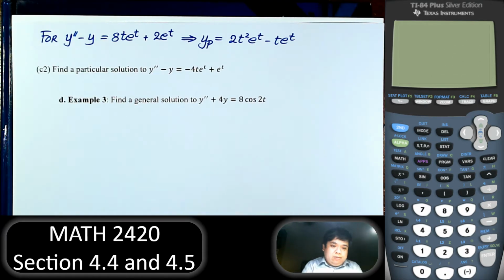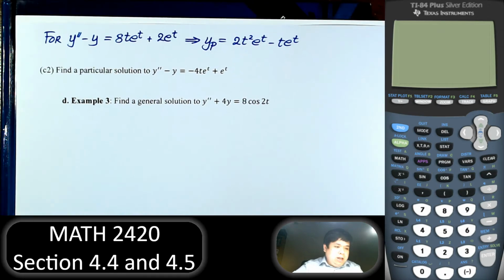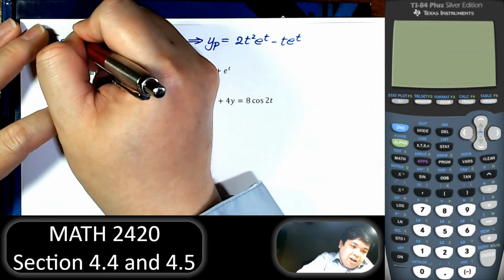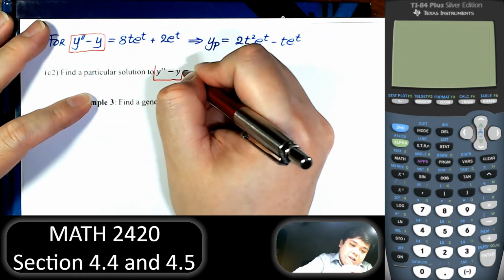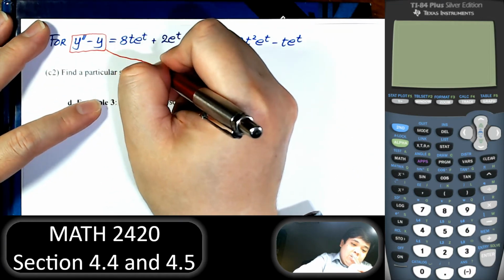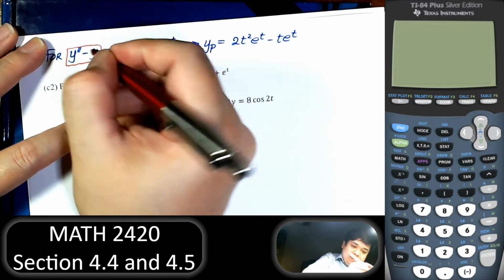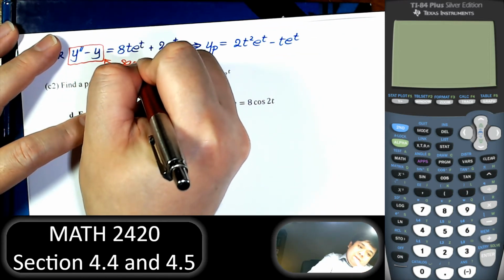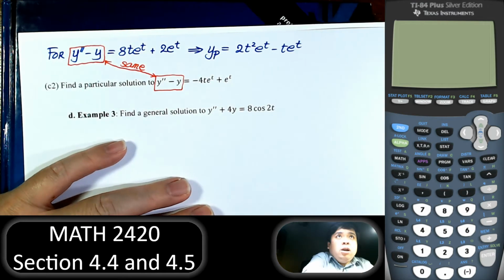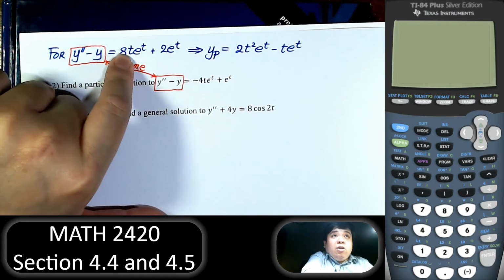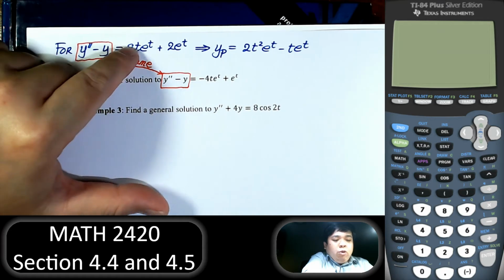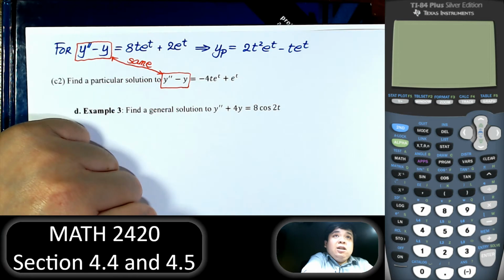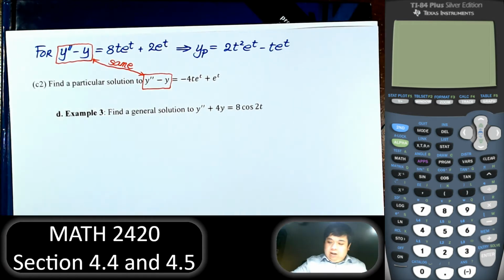Now we have this equation. Now let me ask you this. If we see the left hand side, the homogeneous part of the equation, those are the same, right? What is the relation of the right hand side, and this? How do we go from here to there? Right.